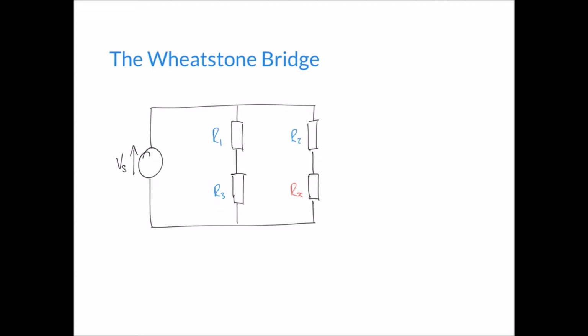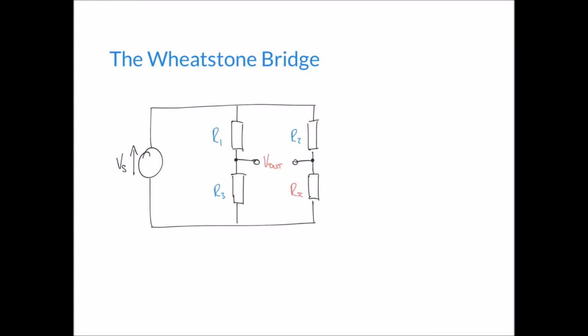The one last thing to add in is to remember that we're measuring the potential difference between this point here and this point here, and we call that V out. And so our output voltage we're measuring across the gap between the two midpoints of those two potential dividers.